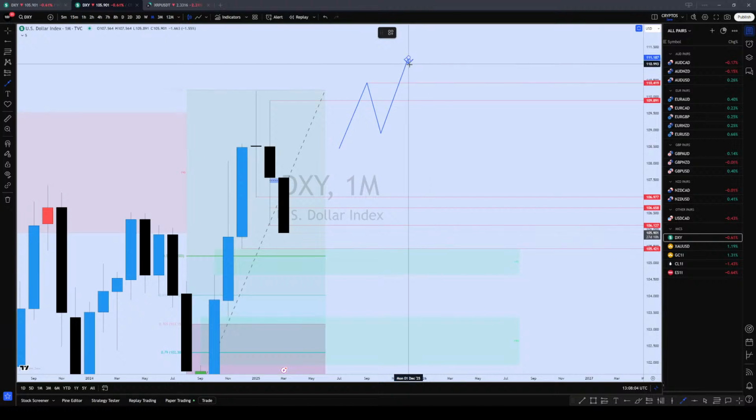There are 4 types of confirmations that I use, and this is one of them. When you see price doing this, to me, that's a sign that we are going lower. It's not a sign that we will continue going higher. It rarely happens on a higher time frame.